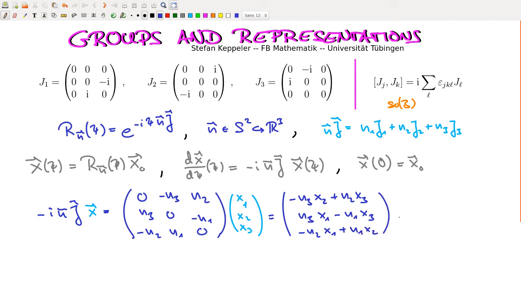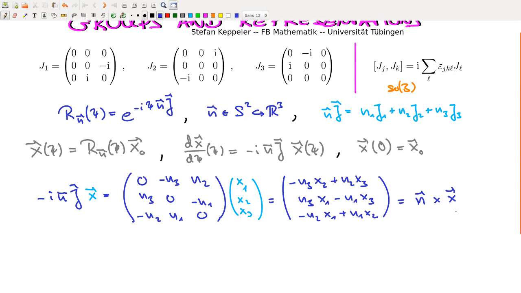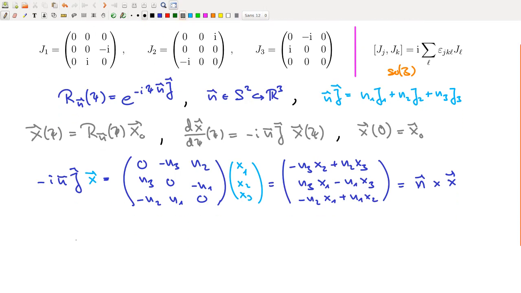And if you look at this, you see that this is actually the vector cross product n cross x. So we really found that dx/dpsi at psi is n cross x(psi).